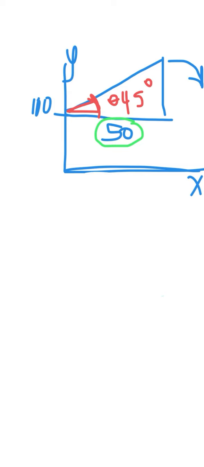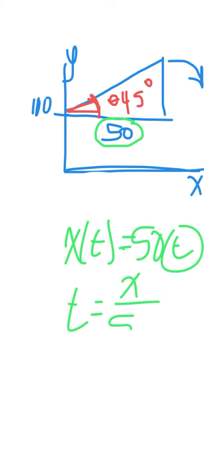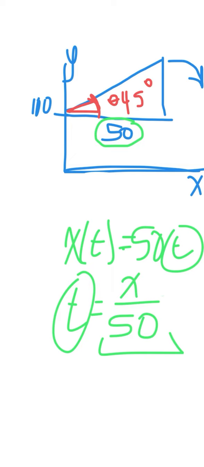So we have x of t equals 50t. So basically what we need to do is solve for t. So we'll have that t equals x over 50. So this is basically our equation for t time.